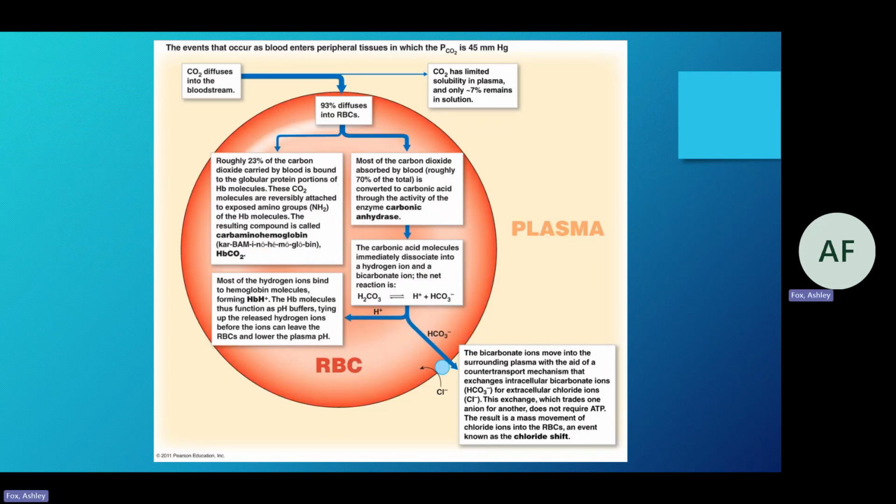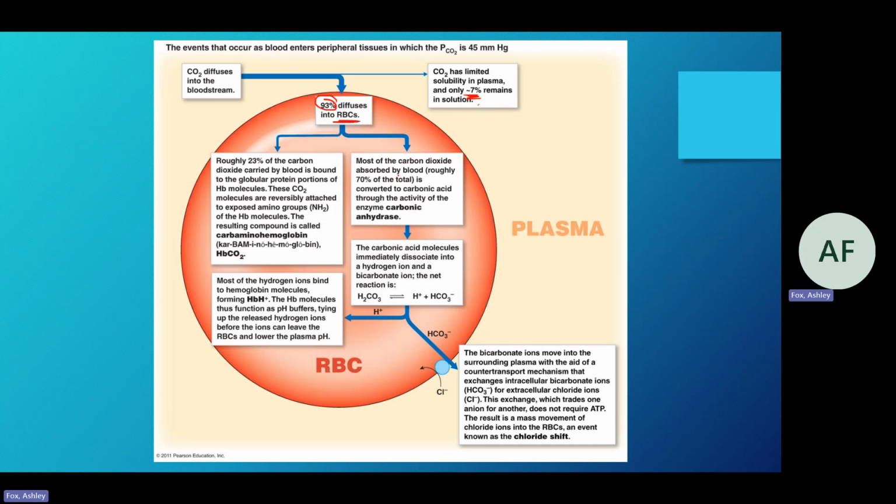So this is just in picture form. Carbon dioxide is coming in. 7% is going to be dissolved in the plasma. Carbon dioxide then goes, most of it, into the red blood cells. Again, this is not dealing with oxygen, different from hemoglobin, at least in this part.